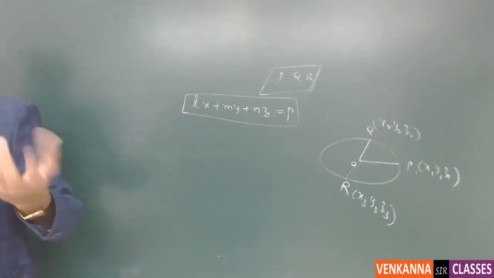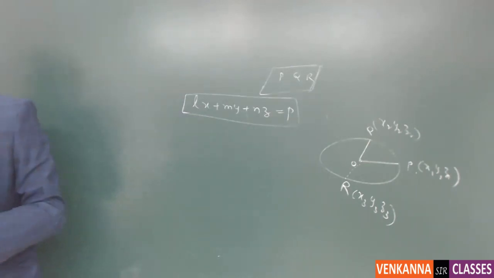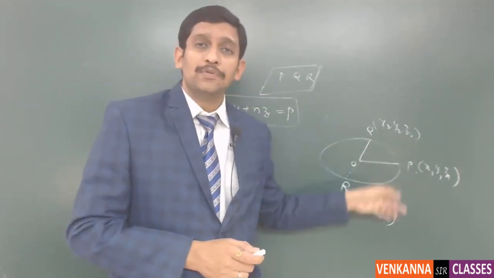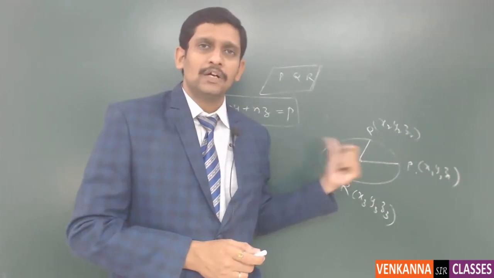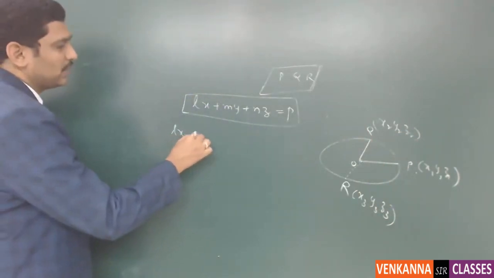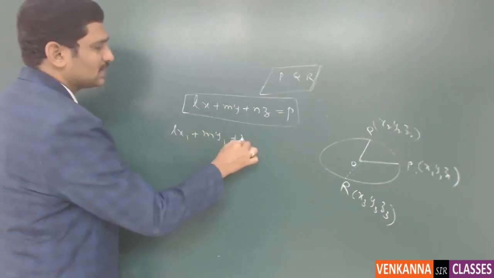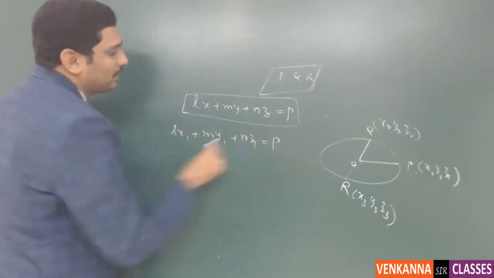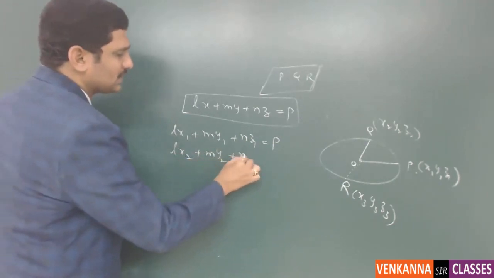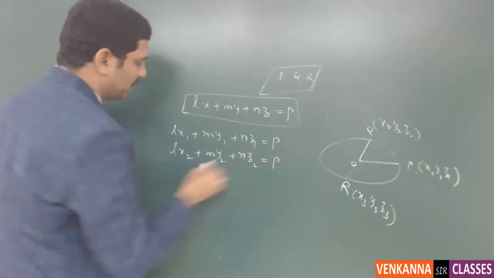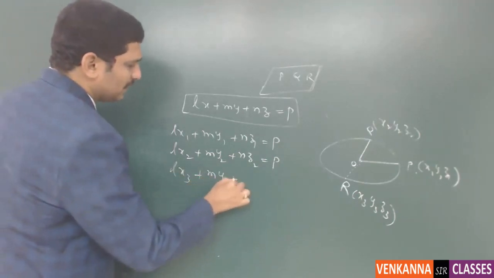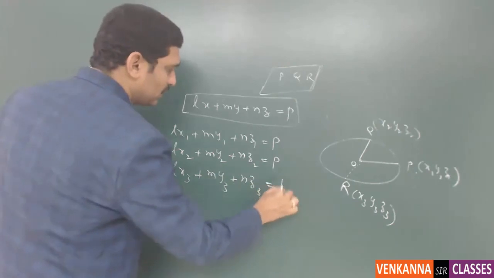I need to get the values of L, M, N here. Since the 3 points lie on the ellipsoid and also on the plane, let us substitute the points here. Lx1 + My1 + Nz1 = P. Lx2 + My2 + Nz2 = P. And again Lx3 + My3 + Nz3 = P.